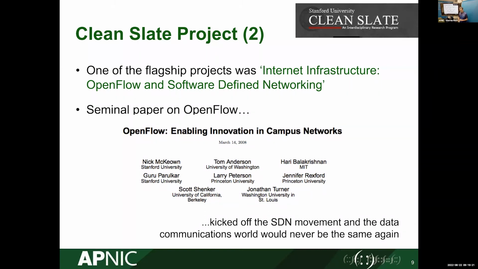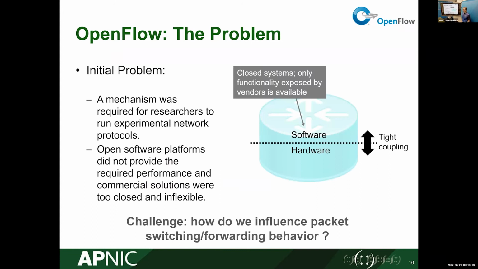And in this case, it was looking at the campus network, but we could extract that out to other types of networks as well. But the main problem was that you had your hardware and the software was on that hardware. And you had various vendors that had different mechanisms used for that software. So it made it a little bit difficult.